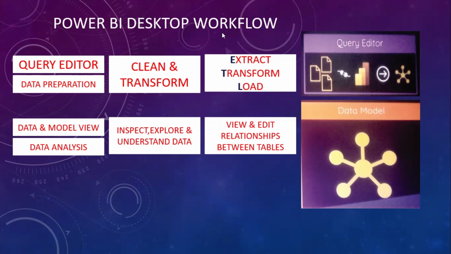That is to show that the sales table should have a relationship with the customer table, and the sales table should also have a relationship with the product table. This is what we call data model. When you create and edit those relationships between different tables you are working with, we call it data model. We're going to look at them.